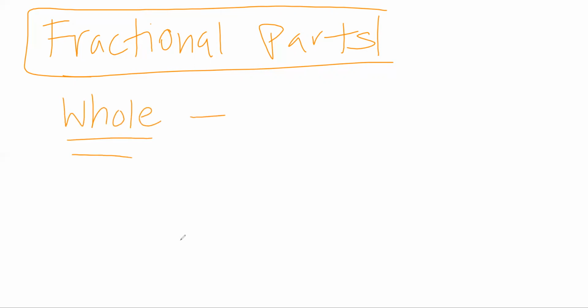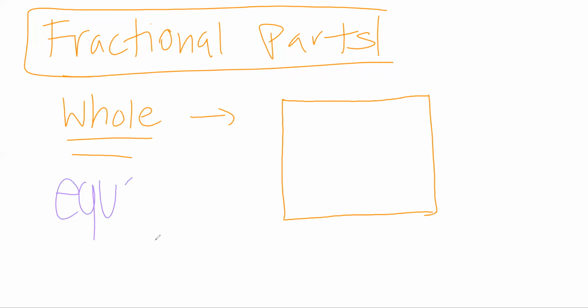And I think the most common and easiest way for any of you to always model this is just to use a square or rectangle. I think it's the easiest way to partition things. So here's my whole, right? Okay, and then what we're going to do is partition this. We're going to cut it into parts, and we've got to cut it into equal parts. That's so key.